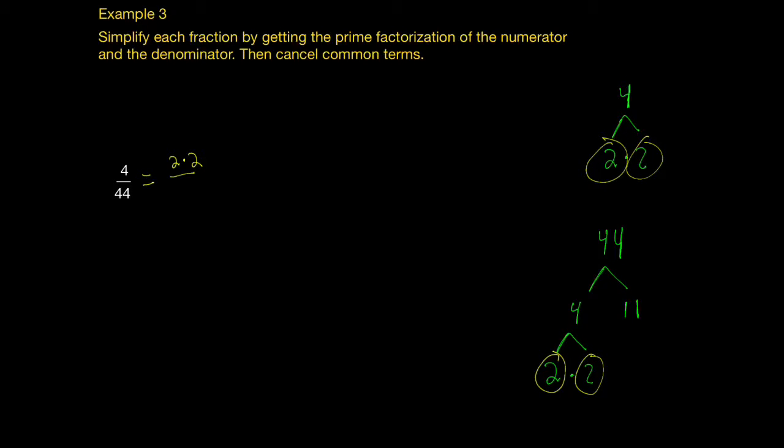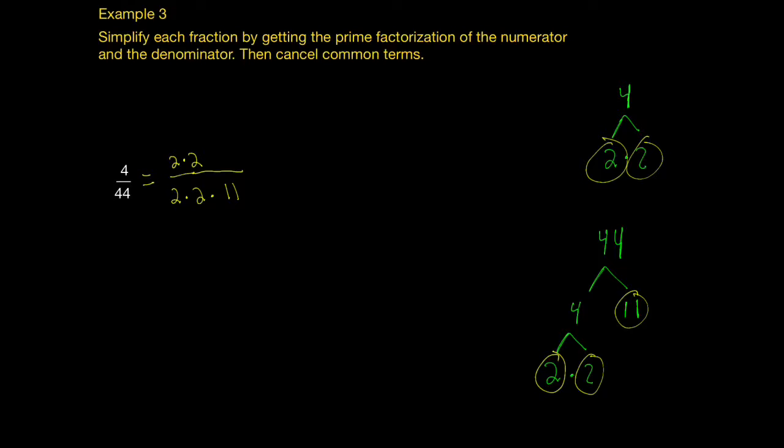If we take a look at 11, the only possibility is going to be 1 times 11, meaning that this number is prime. The prime factorization of 44, I'm going to write it here on the denominator as 2 times 2 times 11. So 2 times 2 times 11.